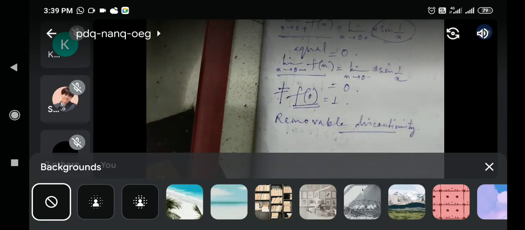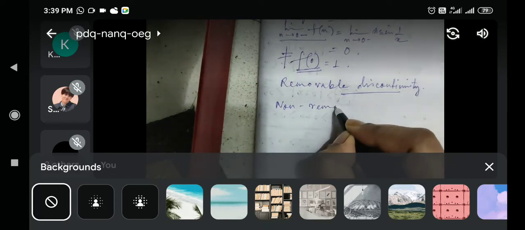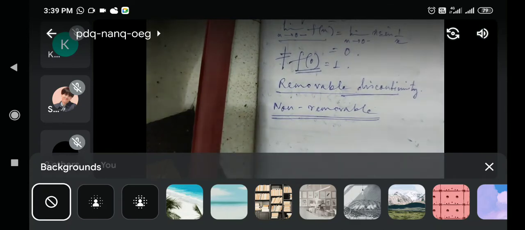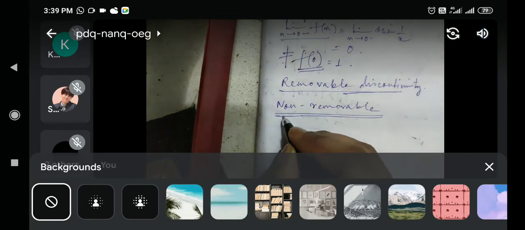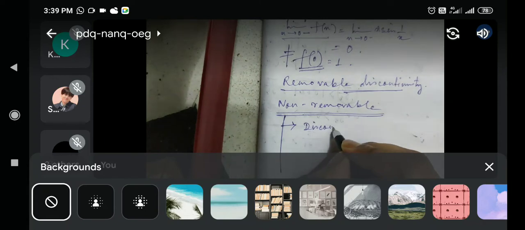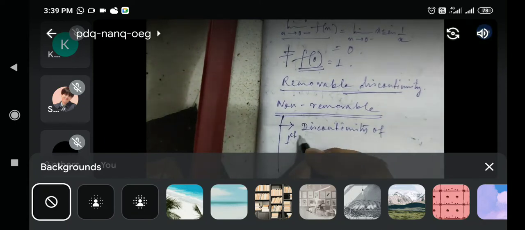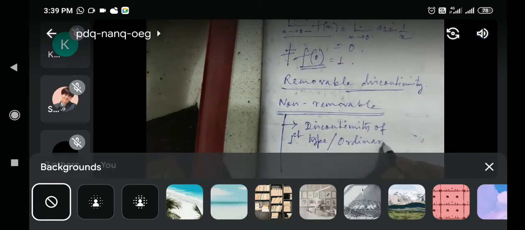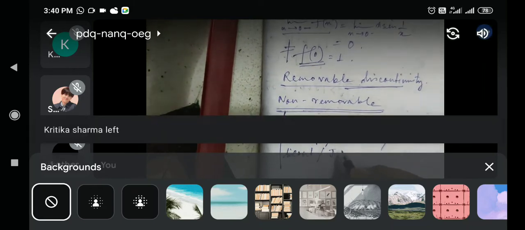Next is non-removable type of discontinuity. For non-removable discontinuity, there are a few types. Number one is called discontinuity of first type, or ordinary discontinuity, or jump type discontinuity.